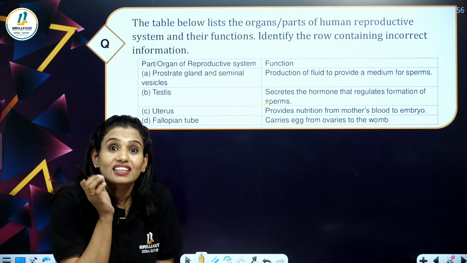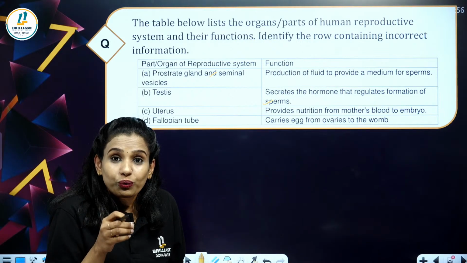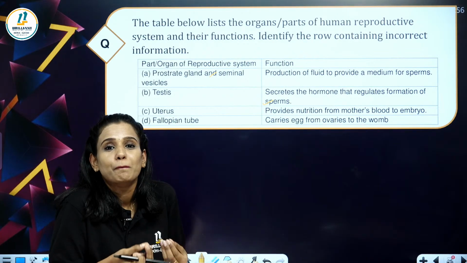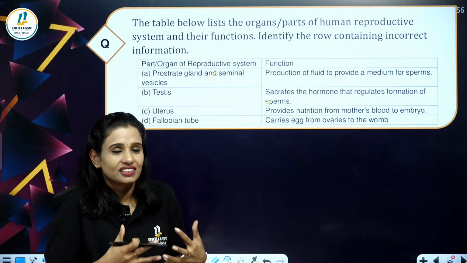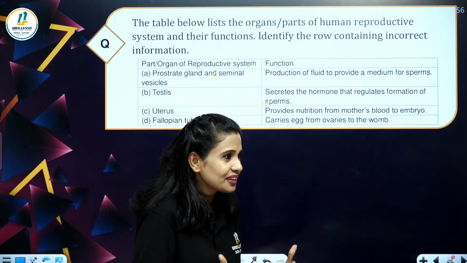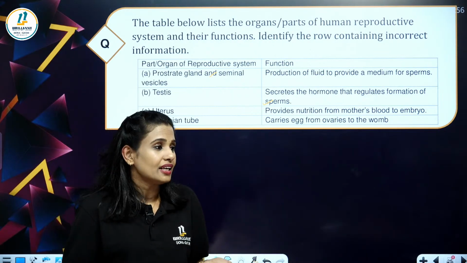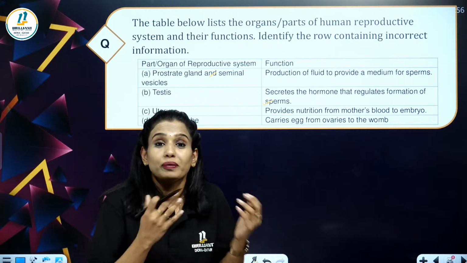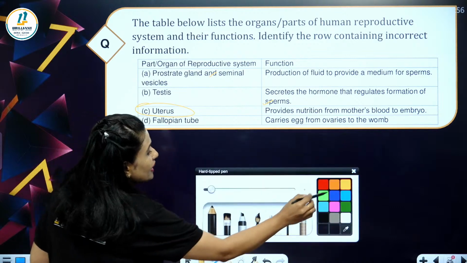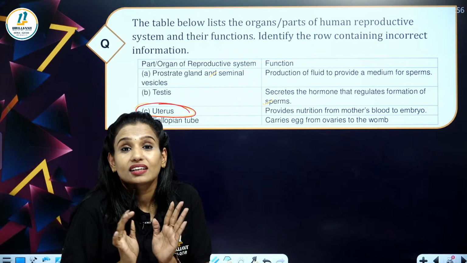Uterus provides nutrition from mother's blood to embryo. You have learned the structure which provides nutrition from mother's blood to the embryo. Which structure is that? That is the placenta, right? It is not the uterus. So this row C is the incorrect one.